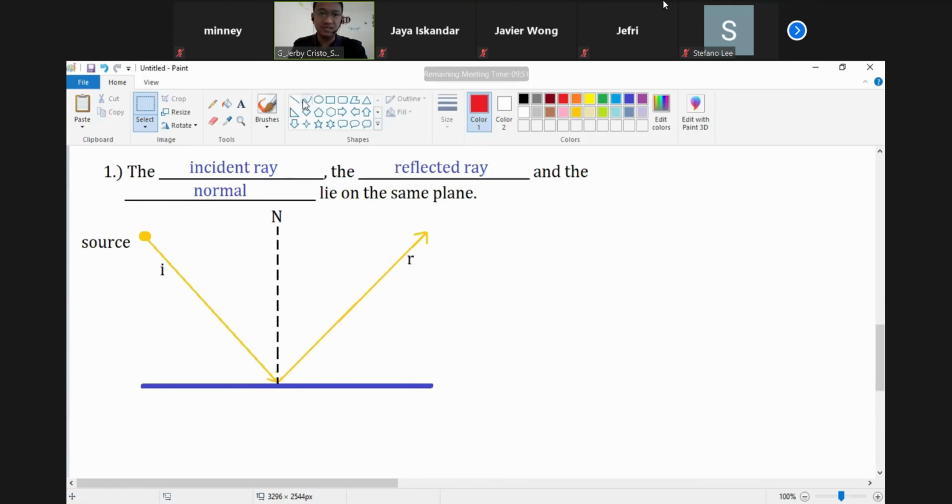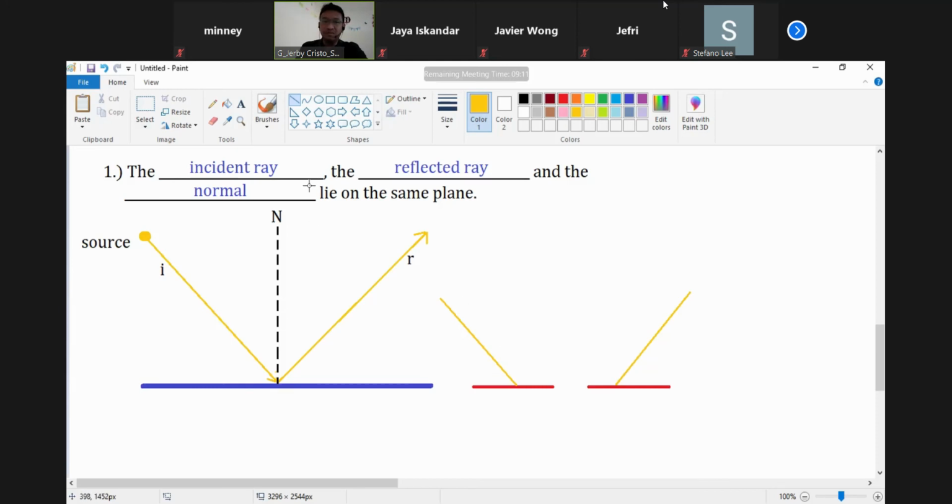Assuming this is surface A and you have surface B, and this is the incident ray, or the light ray from the source, which strikes plane A, and then the reflected ray appears on plane B. This one is impossible.